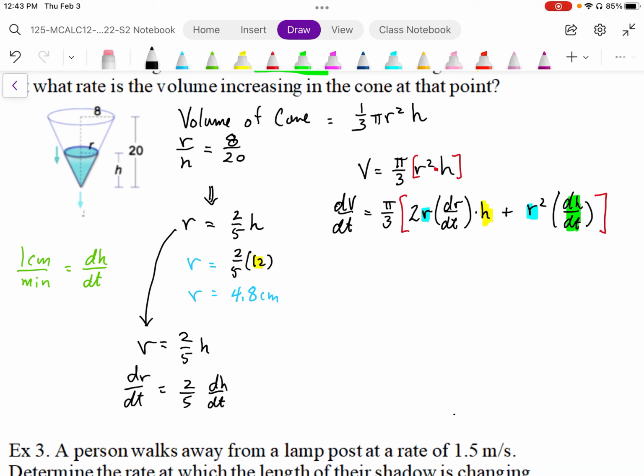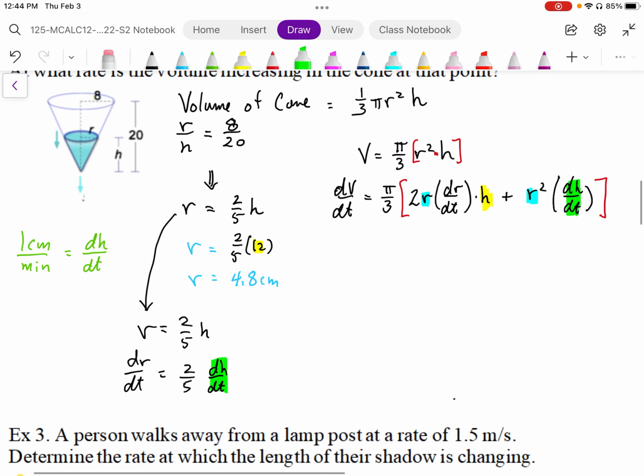So I'll just differentiate this expression, the right-hand side and left-hand side, with respect to t, and that generates this expression. Well, I know what dh by dt is. I was given that at the beginning. I know that's equal to 1. So then I can calculate dr by dt as 2/5 times dh by dt, which was 1 centimeter per minute.